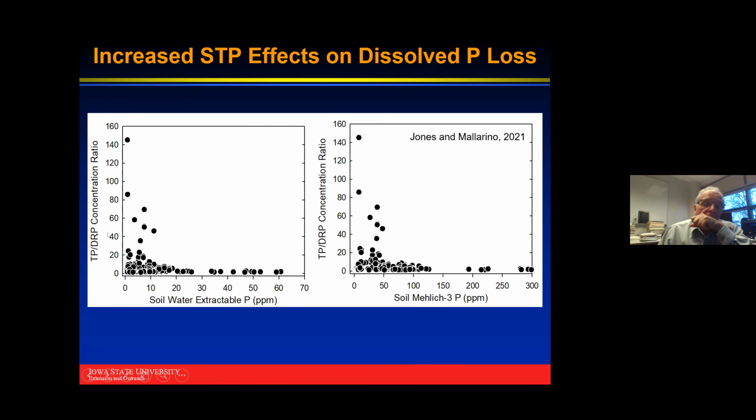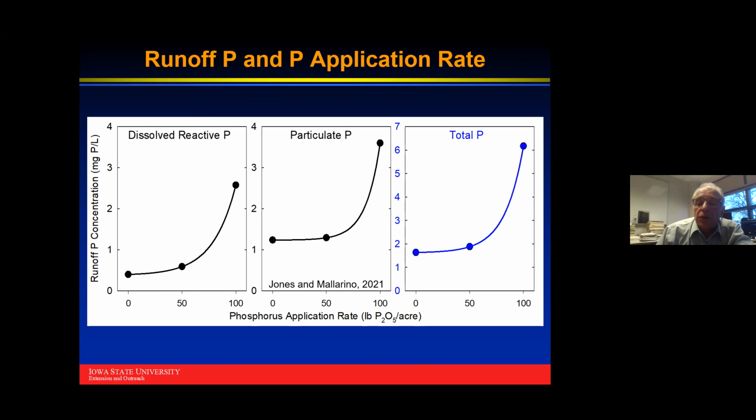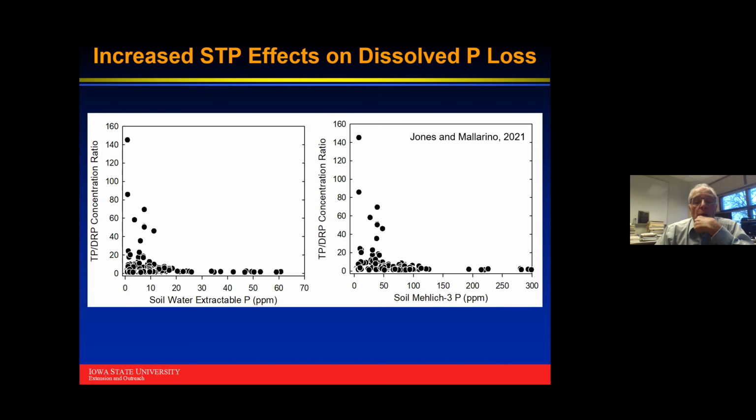So here we have the ratio of total P and DRP versus soil water extractable P. And this is the Mehlich, which in Iowa was about the same as the Bray, the same ratio. So you can see that with, say, a soil test of about 50 ppm or higher, essentially the majority of the phosphorus loss is dissolved P. This is important, okay? So increasing the rate increases the loss, but also the proportion of the dissolved P in runoff.